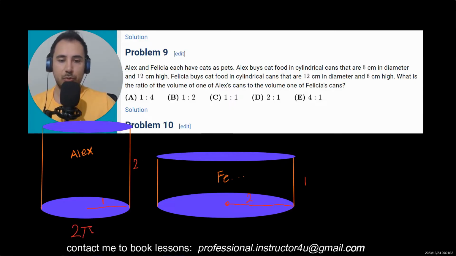For this one again, pi times, this time r is 2, and r squared is 4, multiplied by height, which is not going to change anything. So this one is actually 4 pi. Good.